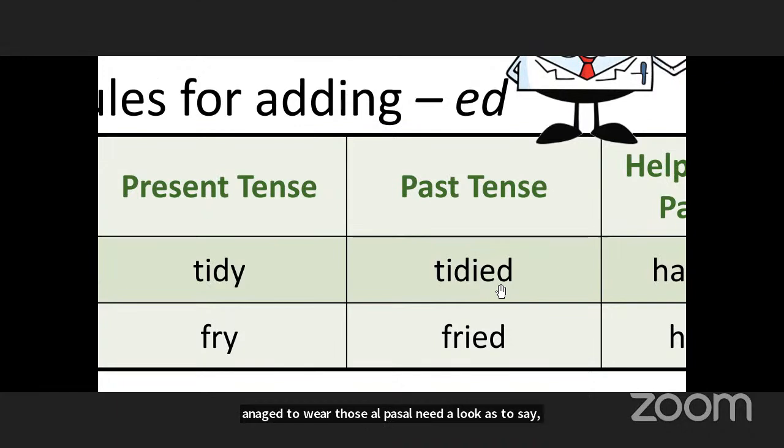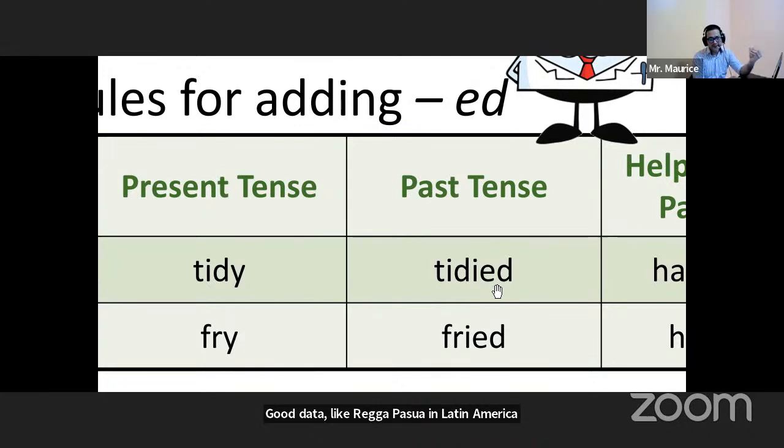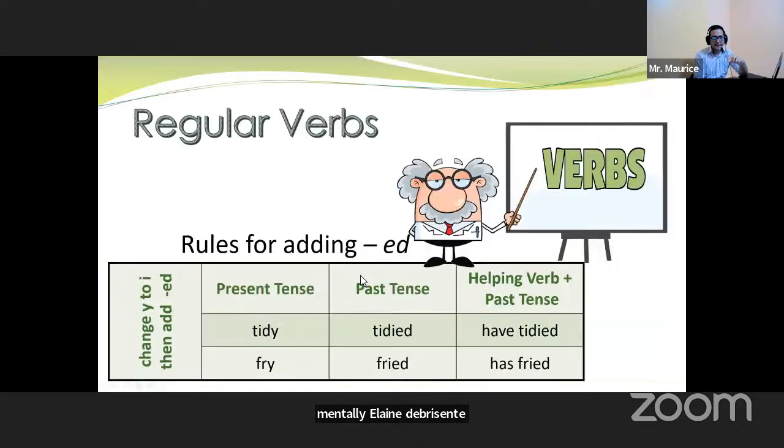La Y pasó a I latina y le aumentamos ed. Tidy, tidied. Fry, fried. Alright? Period. Esta es la regla 3. Hay verbos que terminan en Y que tenemos que cambiar esa Y por una I latina y aumentarle ed del presente al pasado. ¿Ok? Let's continue.